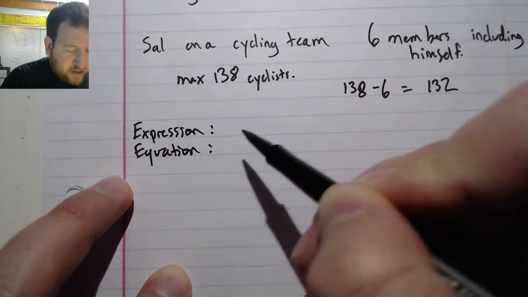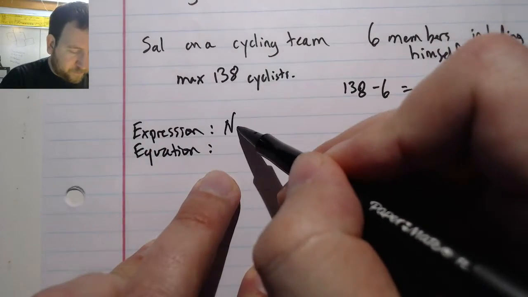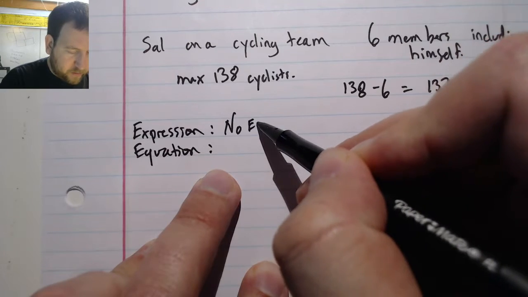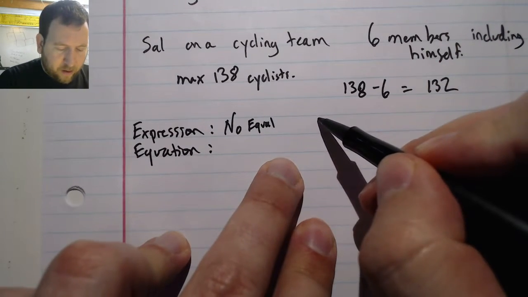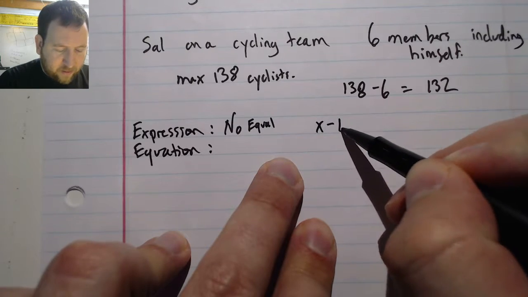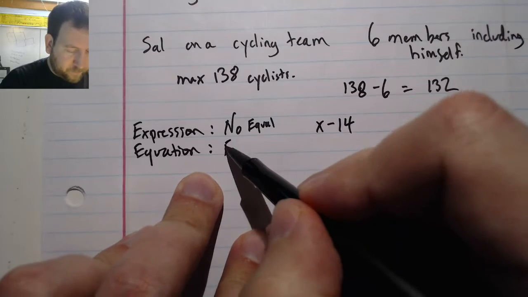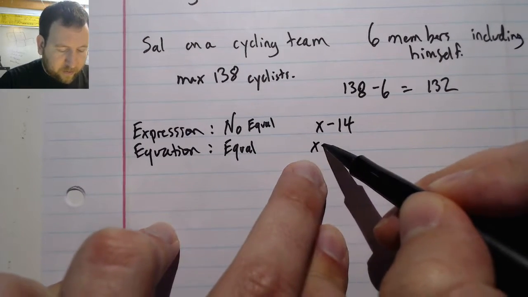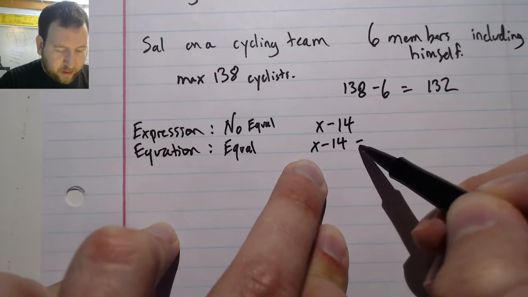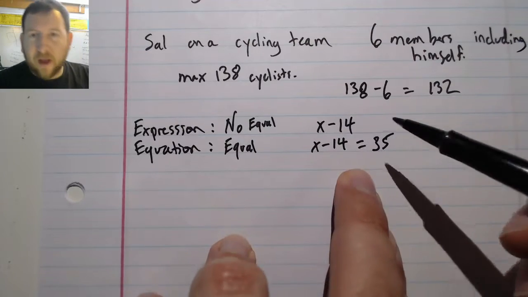Remember, an expression does not have an equal sign. No equal. And it typically looks like this. We could say like x minus 14. And the equation does have an equal sign, and it looks like x minus 14 equals 35. In an expression, we can't solve.